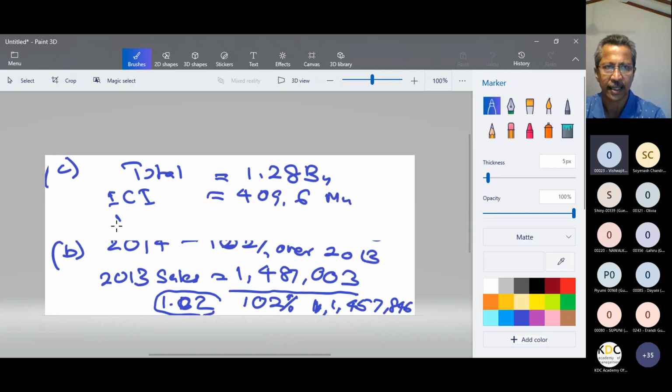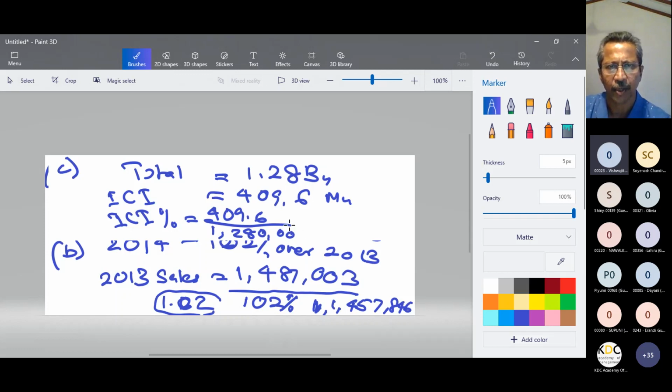So what is the ICI percentage out of the total? You have to divide 409.6 from 1.28 billion.